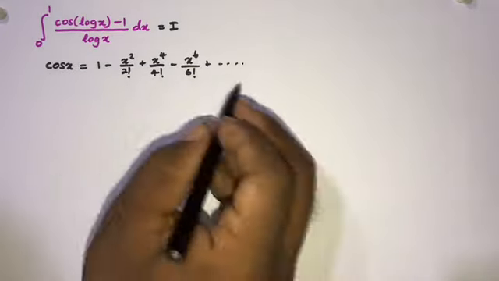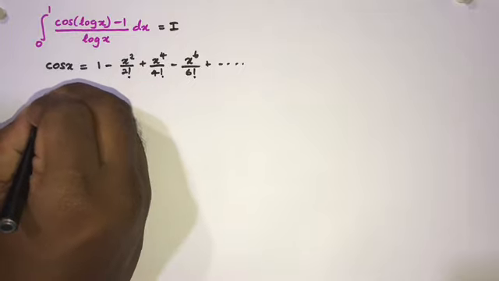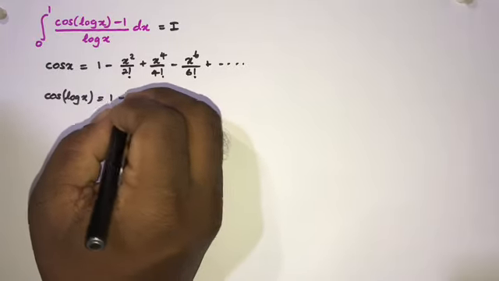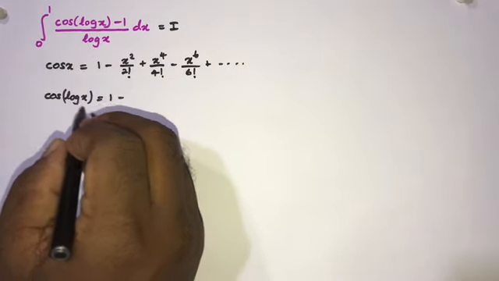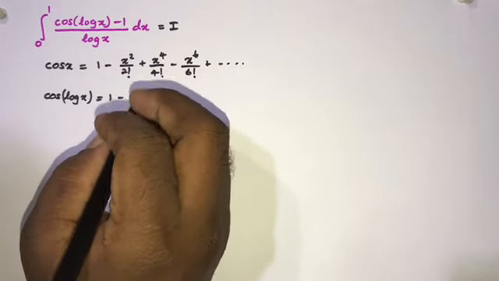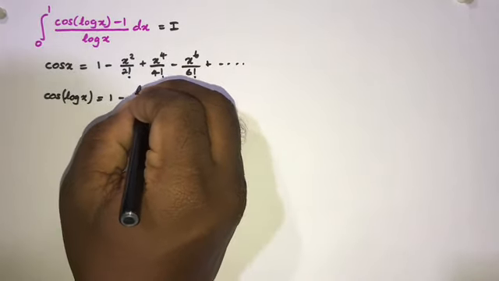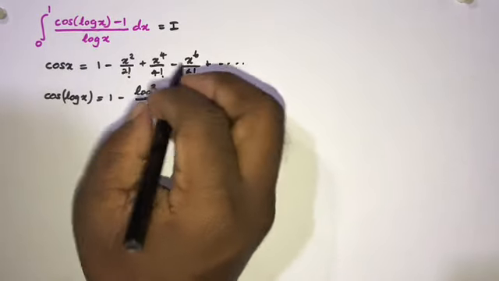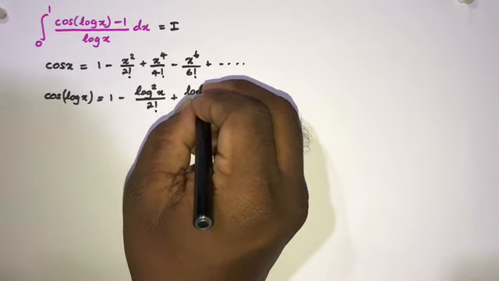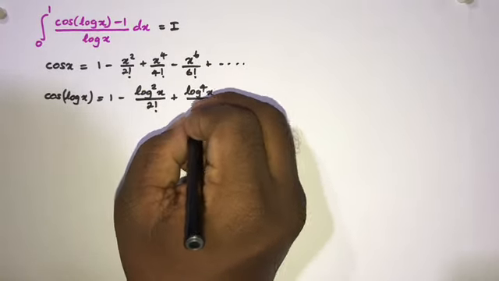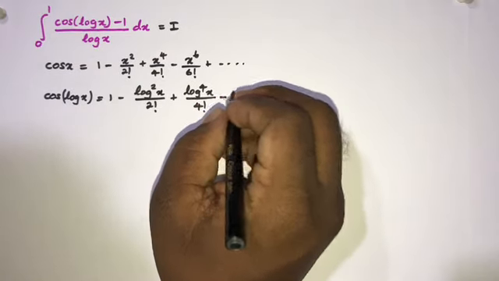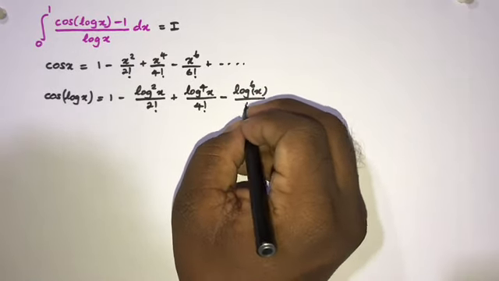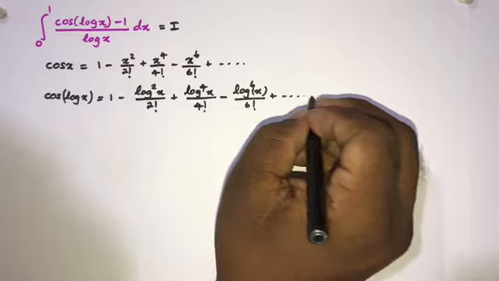According to this series, we can write cosine of natural log of x by plugging in log of x instead of x: 1 minus log squared of x over 2 factorial plus log to the 4th power of x over 4 factorial minus log to the 6th power of x over 6 factorial plus and so on.